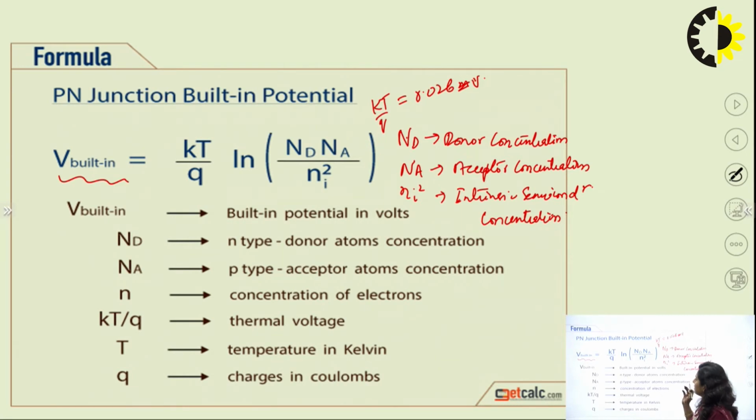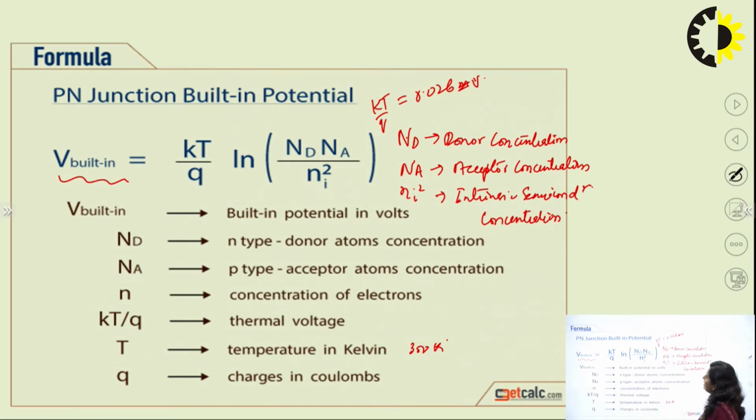V built-in is the built-in potential in volts, Nd is the n-type donor atom concentration, Na is the p-type acceptor atom concentration, and small n is the concentration of electrons, which you can call Ni for the Ni square if it is electrons, n, or if it is for holes, it is p square. KT by Q is the thermal voltage, T is the temperature in Kelvin, which is 300, and Q is the charge in coulombs. So this is the formula for getting the value of the PN junction built-in potential.